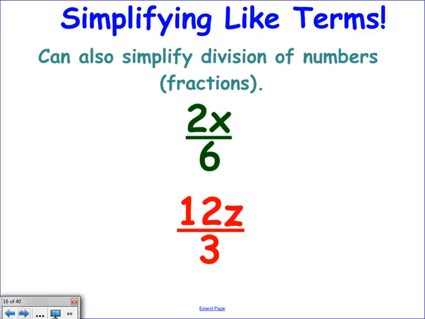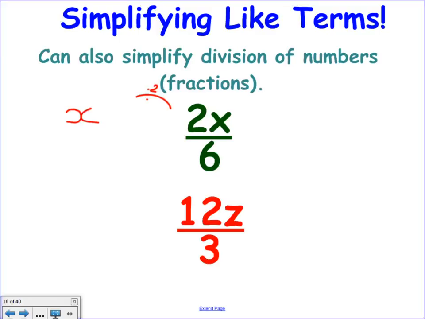What do we do when we simplify a fraction? You find something that you can divide the top and the bottom by. So in this instance, what can I divide the top and the bottom by? 2. So if I divide the top by 2, what do I get? 1x. Just x.